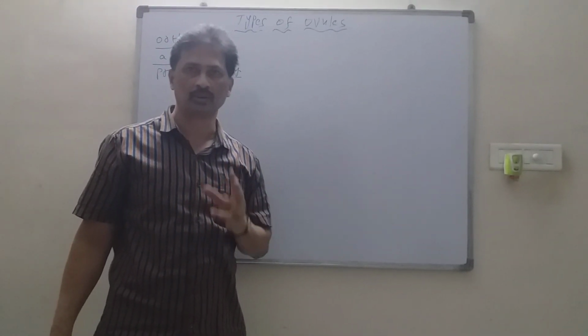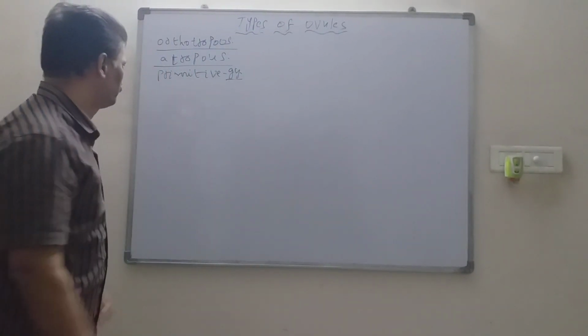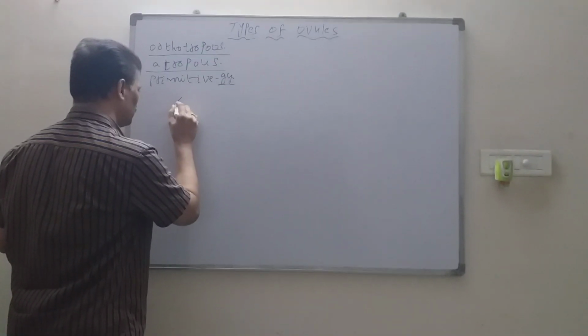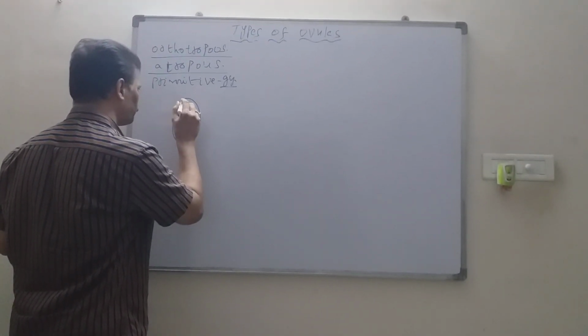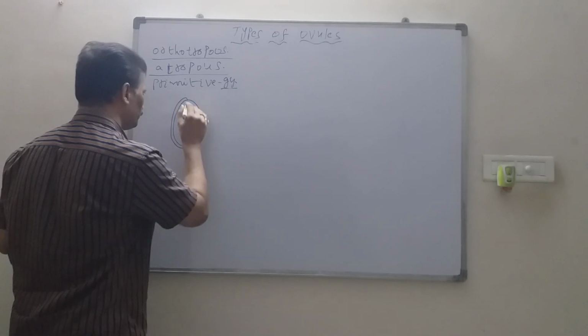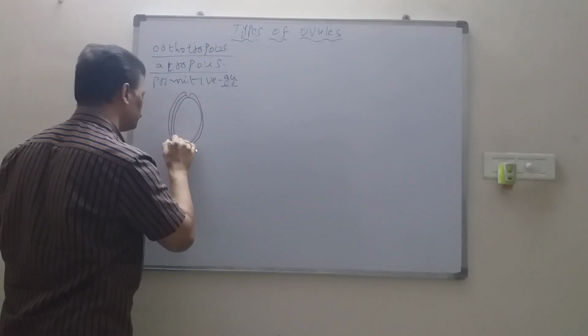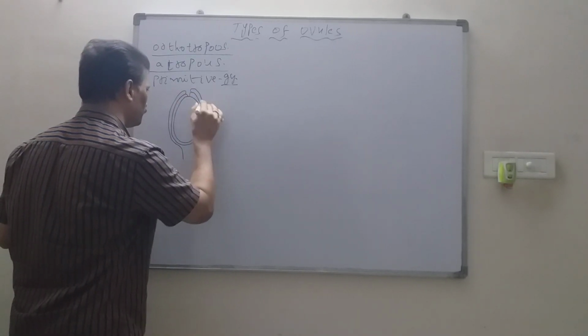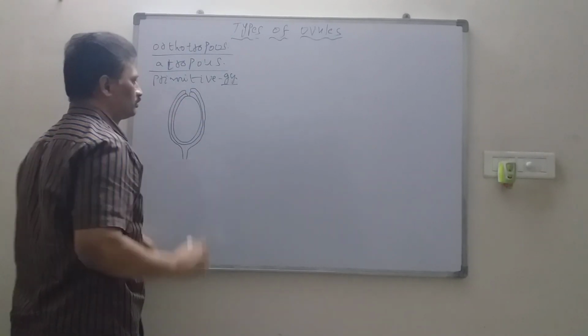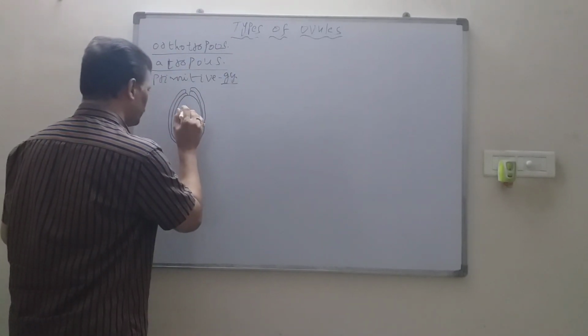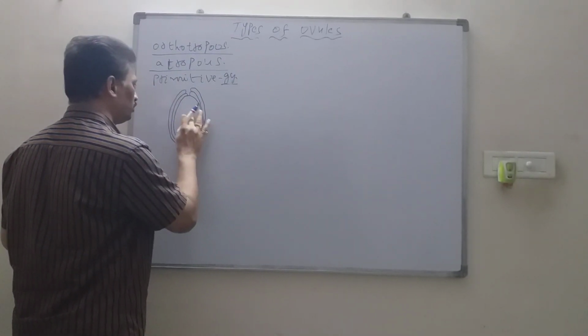So what is the meaning of this orthotropous ovule? If you observe the orthotropous ovule, it appears like this. This is the orthotropous ovule, and internally it consists of the embryo sac.